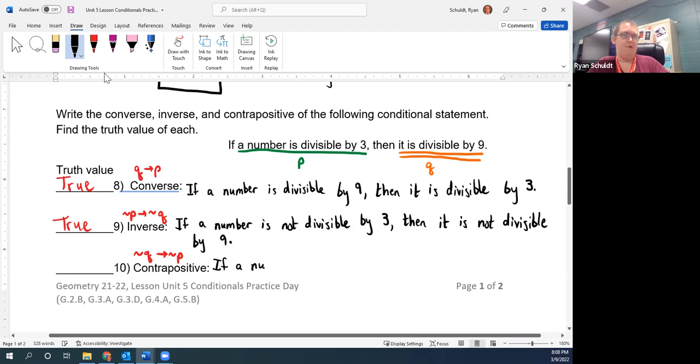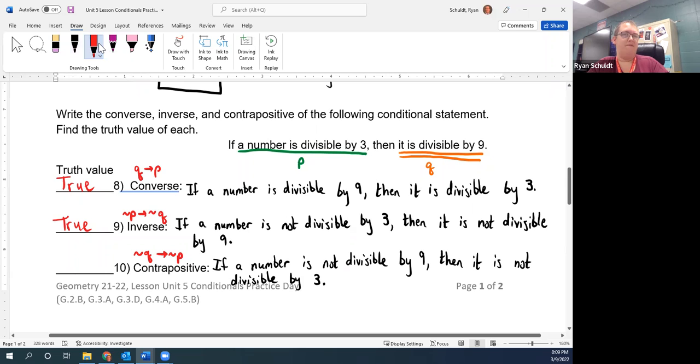If a number is not divisible by 9, then it is not divisible by 3.